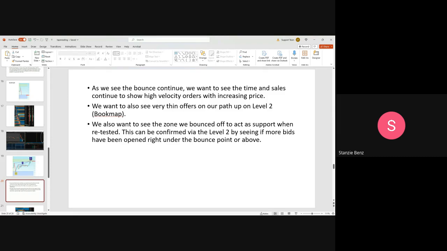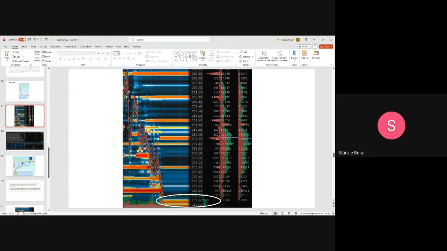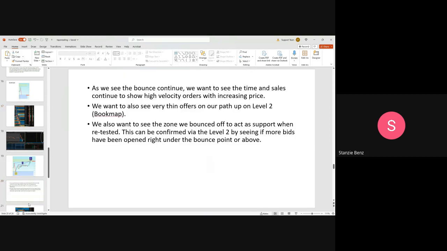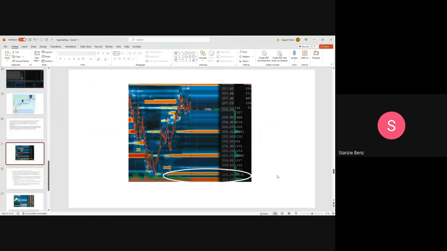I didn't get to walk through that, but I do have a picture of it. After we bounced off there, this 254 level got stronger. I don't know if you noticed it while I was playing the video, but more bids piled in after that bounce. Normally, when I say that a zone gets weaker after it's tested, it's true.